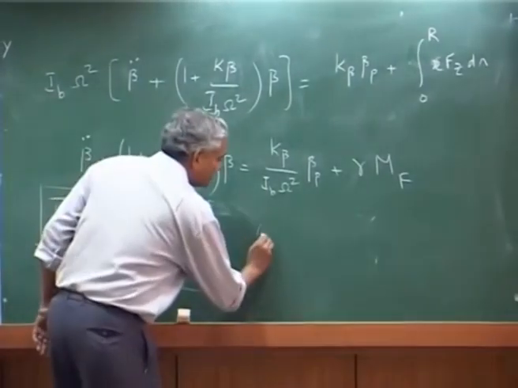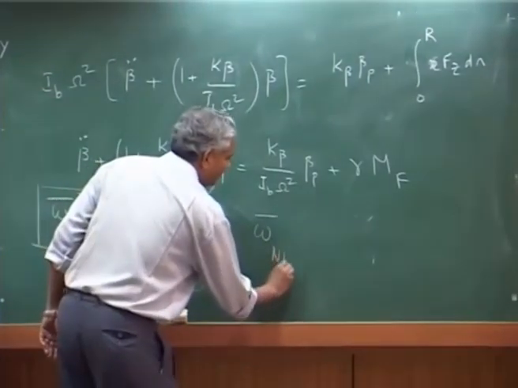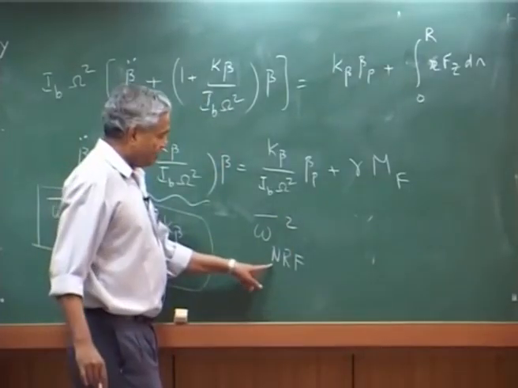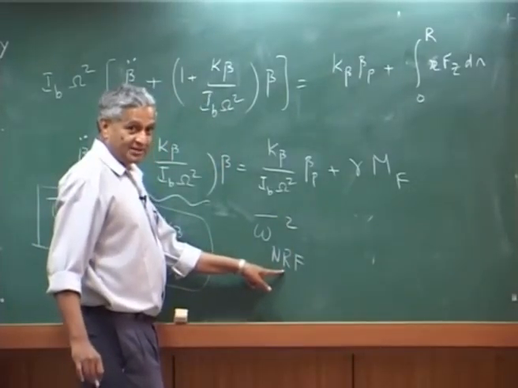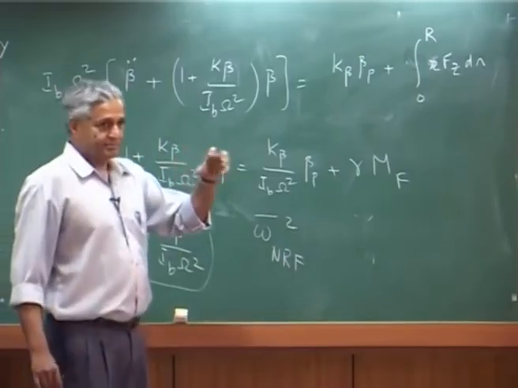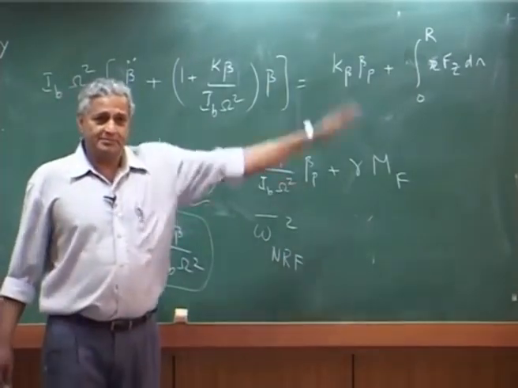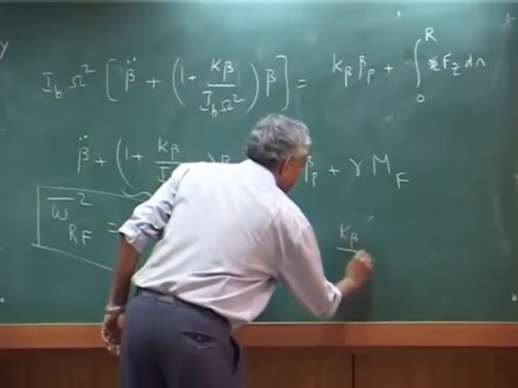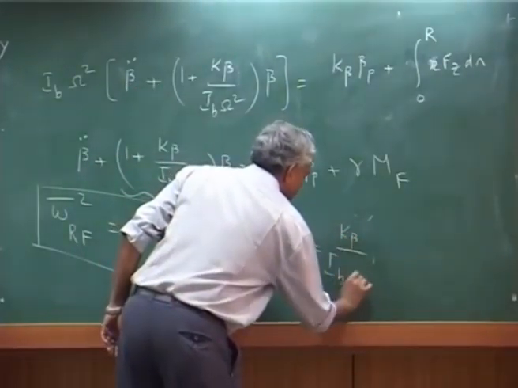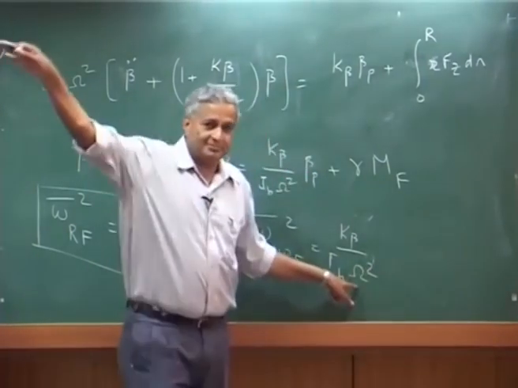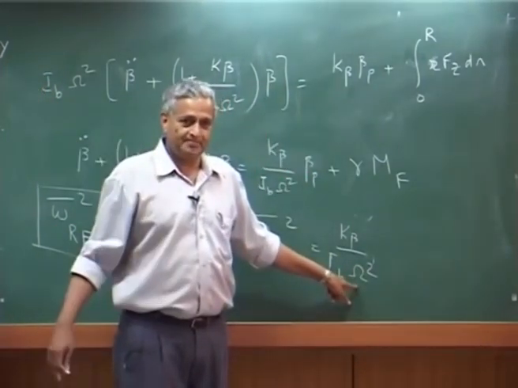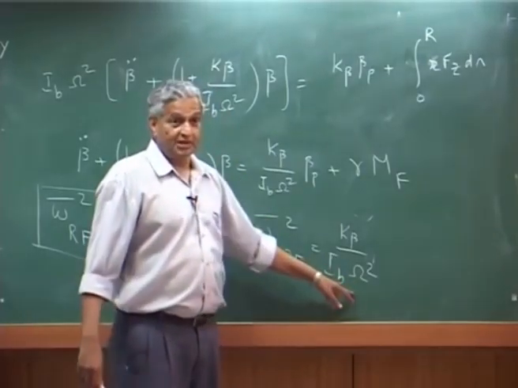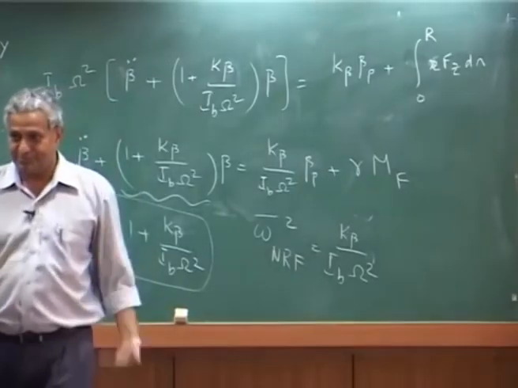And my non-rotating frequency NRF, NR is non-rotating, because you have a spring, you have I_b. If you non-dimensionalize, that will be k_beta by I_b, and of course non-dimensionalized with respect to some reference omega. Okay, that is why I put a bar. You do not put 0 value there. You put whatever.